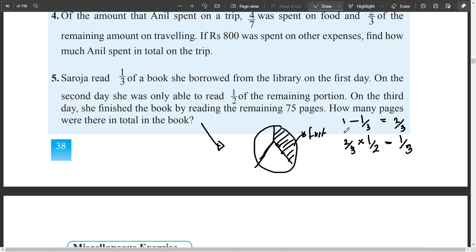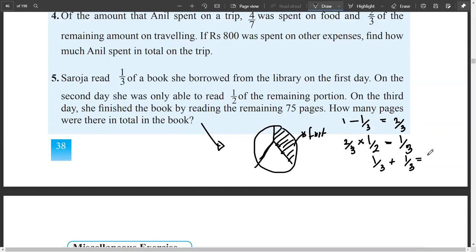So you can see in the first day she read 1 over 3. Now in the second day also she read 1 over 3. Okay. So now you can easily see that in the third day also she has to read only another 1 over 3 fraction. Okay. So when you are writing, you have to write that at the end of the second day, the total fraction of pages she read was 1 over 3 from the first day, and 1 over 3 from the second day.